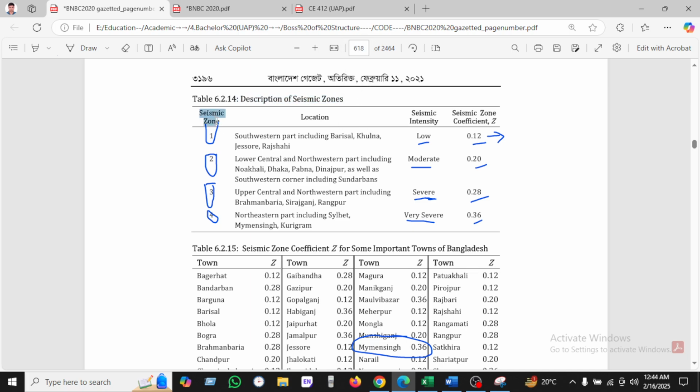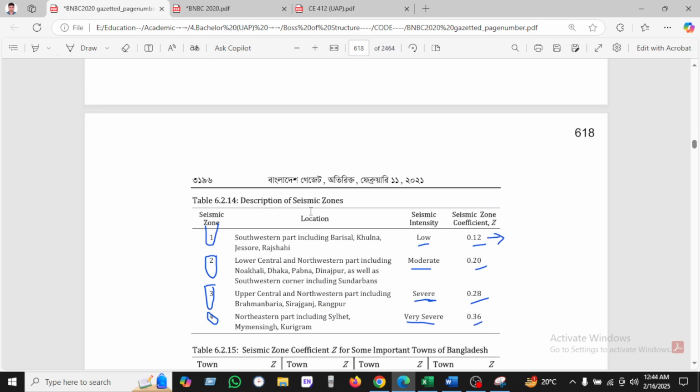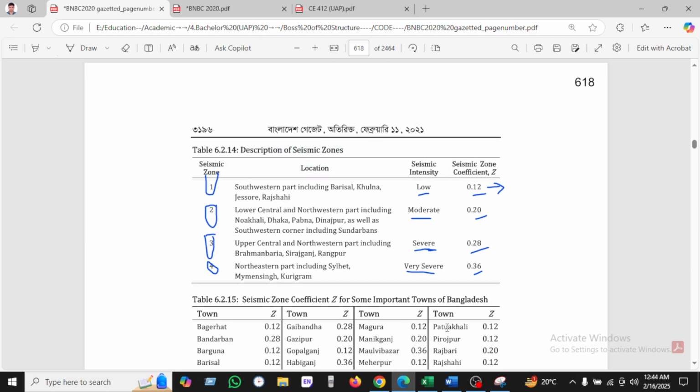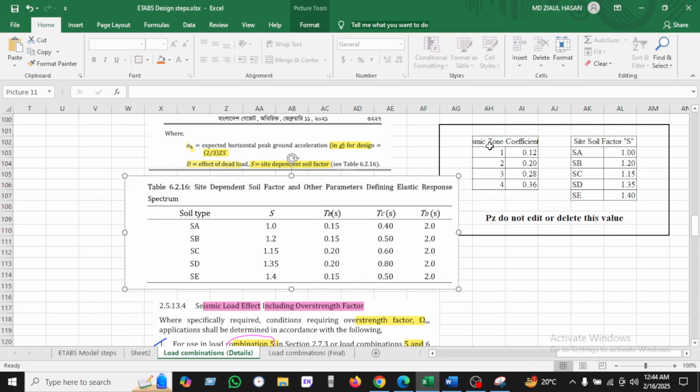If the seismic zone is 1, then the Z value will be 0.12, and for zone 2 the value will be 0.20, for zone 3 it is 0.28, and for zone 4 the value will be 0.36. This is the intensity we have been given here, but you will get it from here also, but this is the most common scenario. That's why I am taking all the values here, seismic zone coefficient.